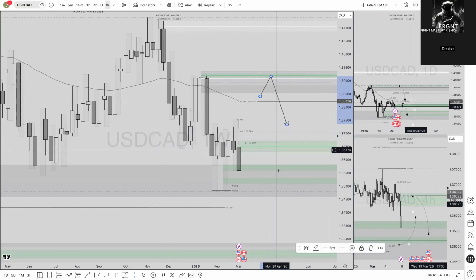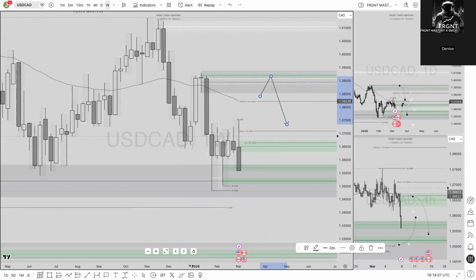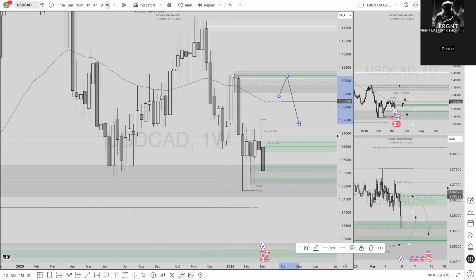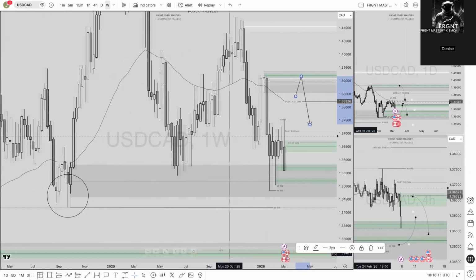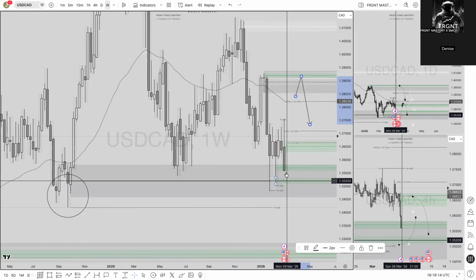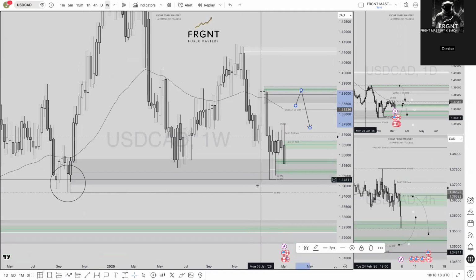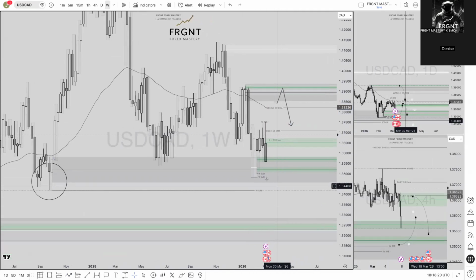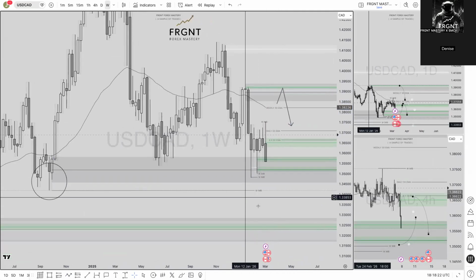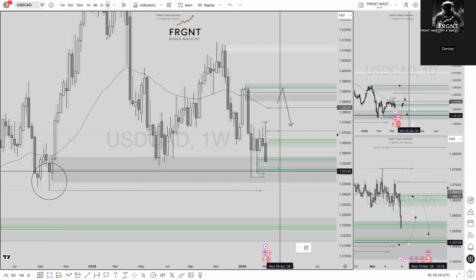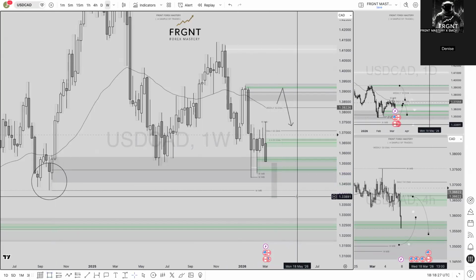What else we have on that weekly time frame? Weekly order block to the lows as well. And you can see exactly here, if I zoom out, you can understand why. It has been mitigated, but the importance of keeping it there is the fact that price is still failing to close below it. On the weekly time frame, I would need the next weekly candle to actually close below that weekly order block before truly saying that US dollar CAD on the higher time frame is looking truly bearish.